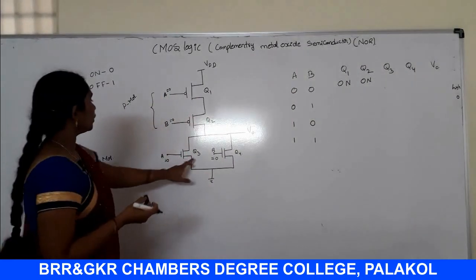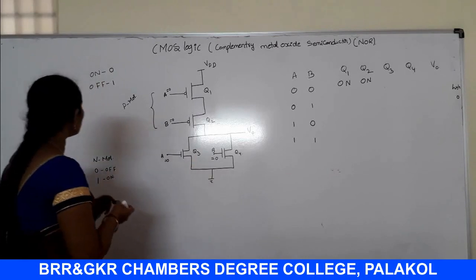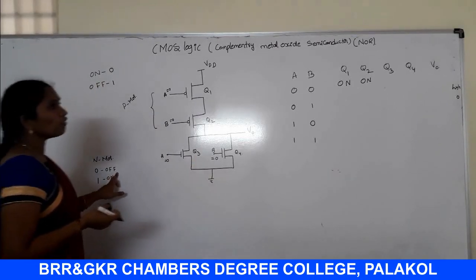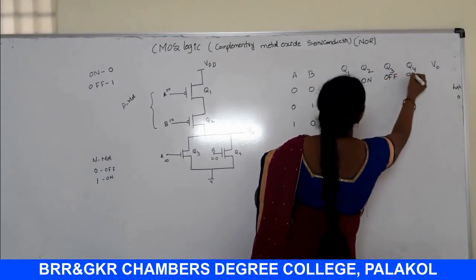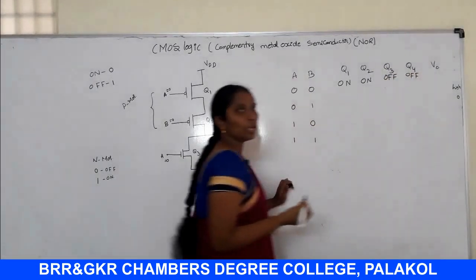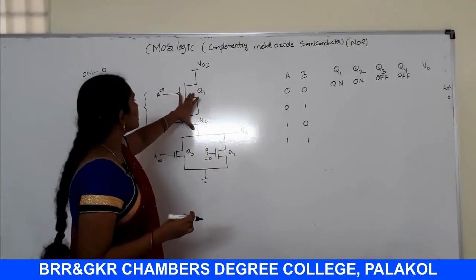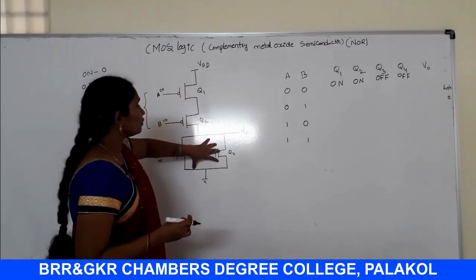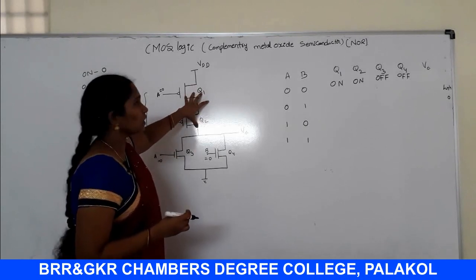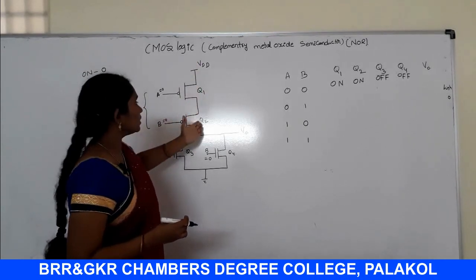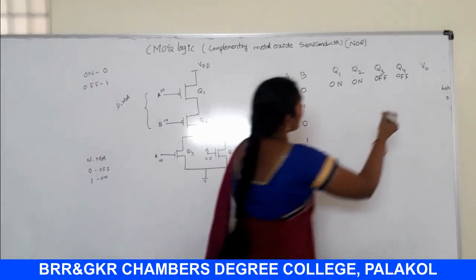Next, Q3 is 0 and Q4 is 0, and 0 is the off condition, so Q3 is off and Q4 is off. Then we check the output. On is the saturation region and off is the cutoff region. Whenever these two are in the saturation region, the voltage goes to V0, so the output is high here.